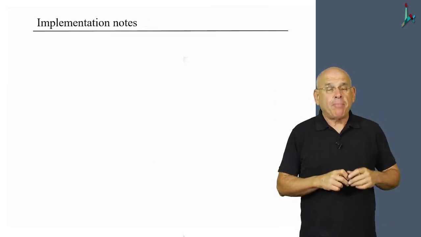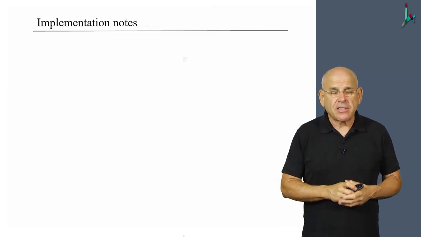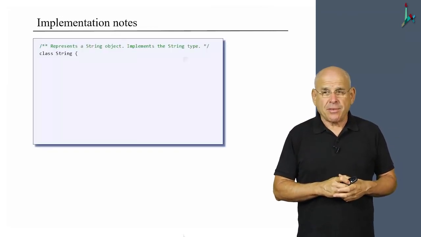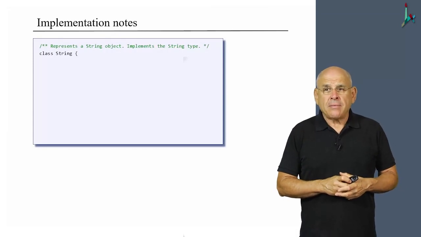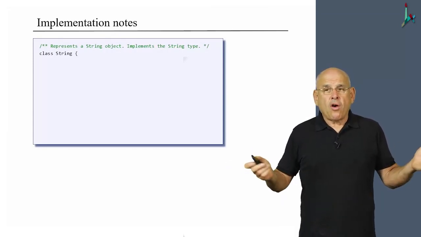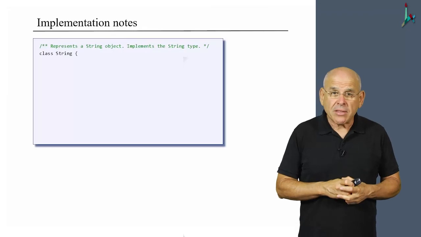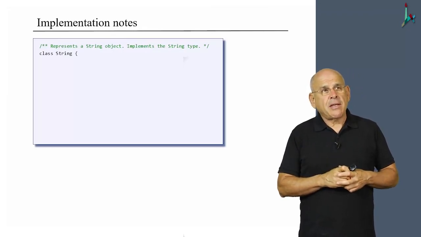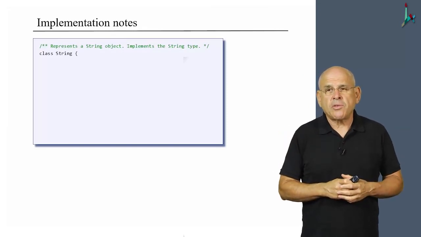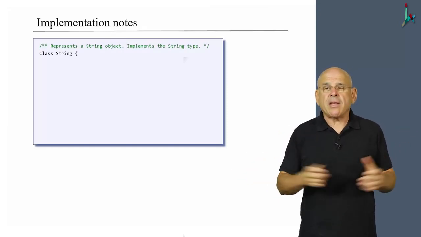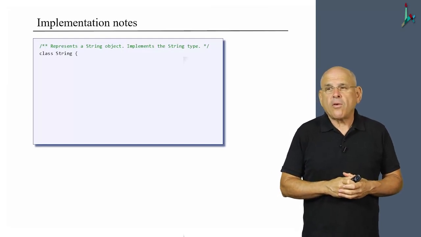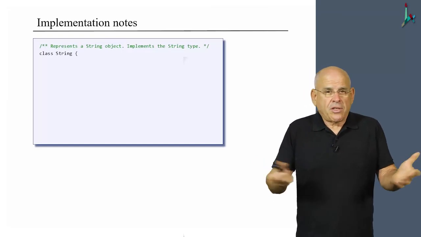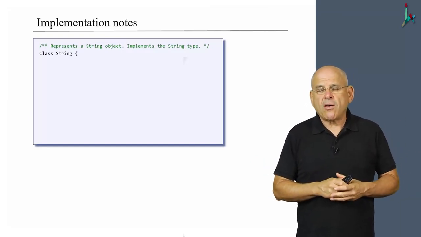So here are some implementation notes and advice on how to implement this string abstraction. Well, we have to create objects that represent strings. And if you think about it, you will realize that the most sensible way to do it is to represent any given string as an array that contains character values, integers that stand for ASCII codes.